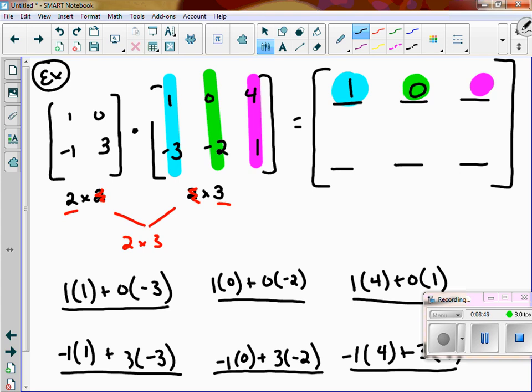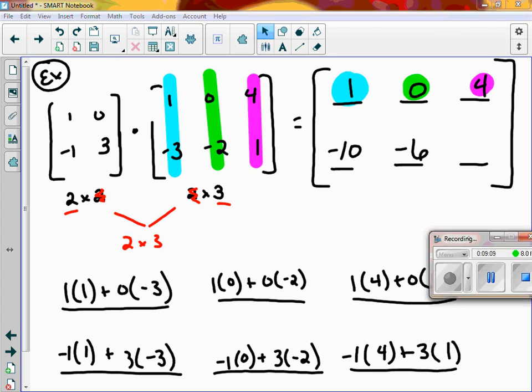Then I've got 1 times 4 plus 0 times 1 gives me a 4. On the bottom left, I've got negative 1 plus negative 9 to give me negative 10. In the middle there, I've got 0 plus negative 6. And in the bottom right, my only one left, I've got negative 4 plus 3 gives me that negative 1.